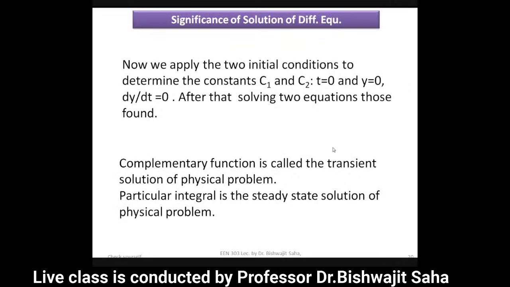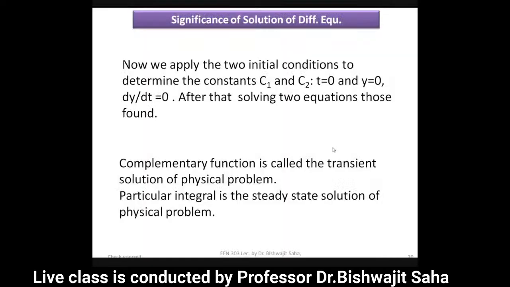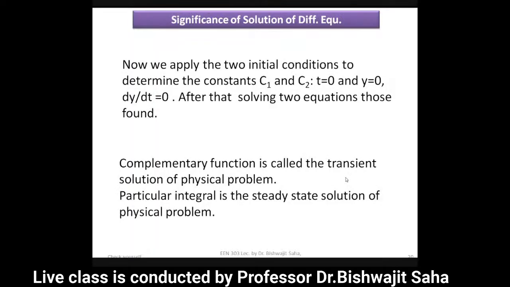Either it is homogeneous or non-homogeneous, it is not a matter. Look at the description. The complementary function we can call the transient solution of the physical problem. It means we have two states in any kind of circuit or any kind of device.